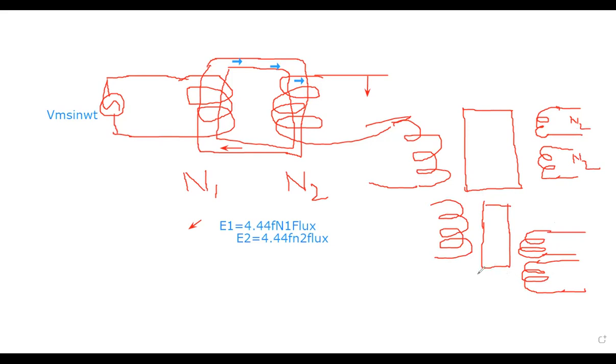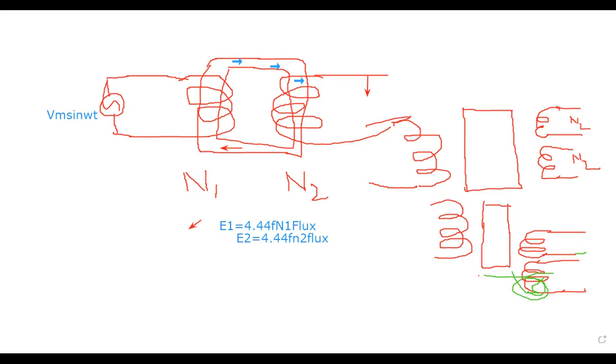In this other part, in this number of turns, there is no induced EMF, because the flux is not linked with this part of the turns. So the induced EMF in the secondary winding reduces due to the transformer core moving upward. The induced voltage of the secondary winding is reduced because this part is not linked with the transformer core.